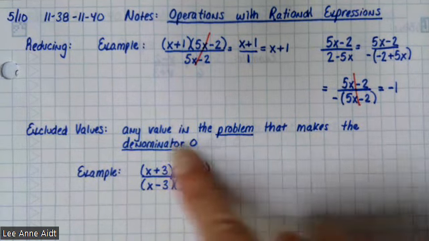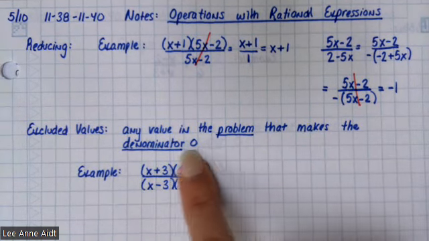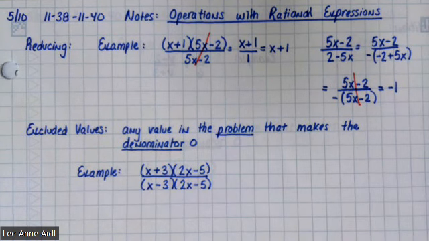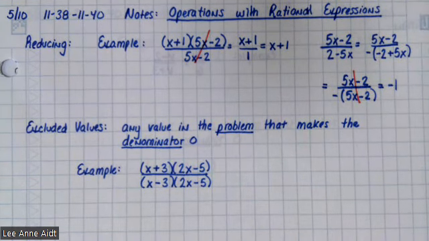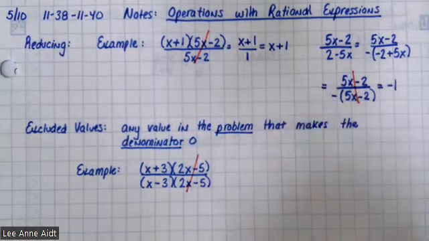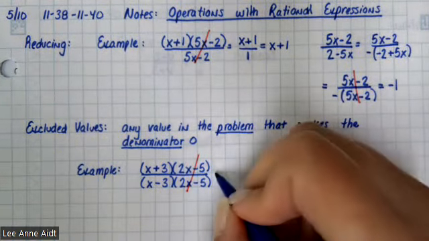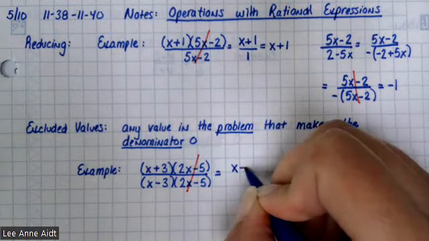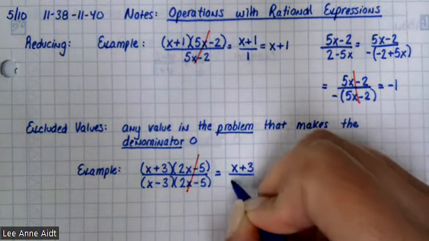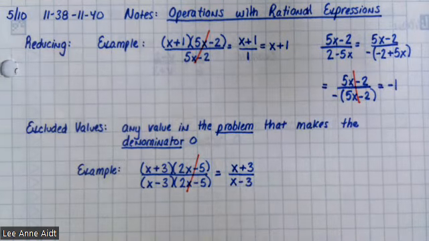Next, excluded values, any value in the problem that makes the denominator 0. On this problem, we are going to reduce and find excluded values. Do you see a giant 1? Right here. Got it? See it? Okay. So x plus 3 over x minus 3.